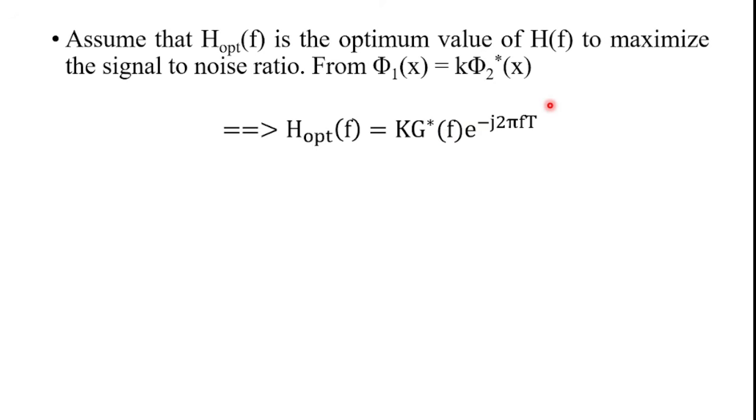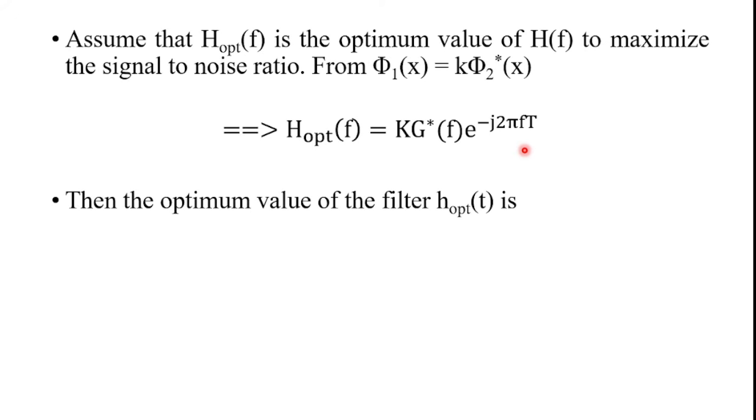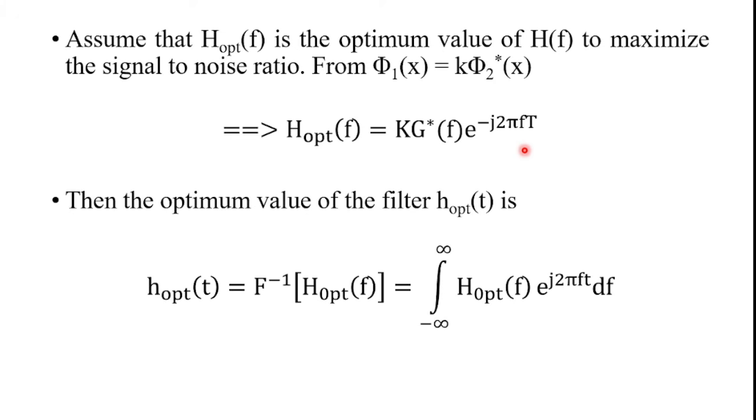So phi 2 of x is G of f into e power j 2 pi ft. So phi 2 conjugate of x is G conjugate of f into e power minus j 2 pi ft. Then the optimum value of the filter h opt of t, using the definition of inverse Fourier transform, is equal to F inverse of capital H opt of f, which is the integral from minus infinity to infinity of capital H opt of f e power j 2 pi ft df.